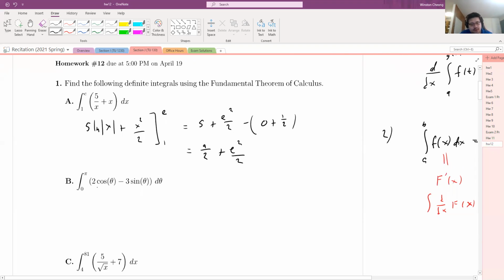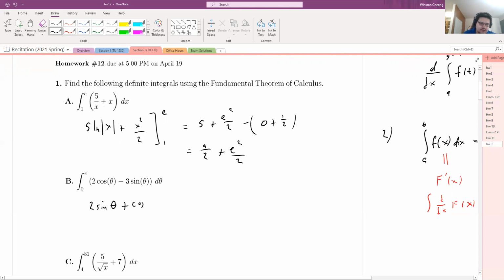For part B, well, we're going to integrate. So cosine's integral, I think we all know, sine. For this second term, it's actually helpful to think of it as negative sine, because if you think through your derivatives, you can realize that cosine's derivative is negative sine.